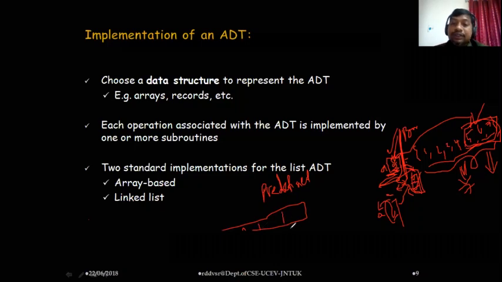Suppose you want to insert a few more elements into this array, then you have to resize your array in such a way that you can insert the new elements. Array size is predefined. If you want to insert more elements, either you have to create a new array or you have to resize the existing array. That is another problem.